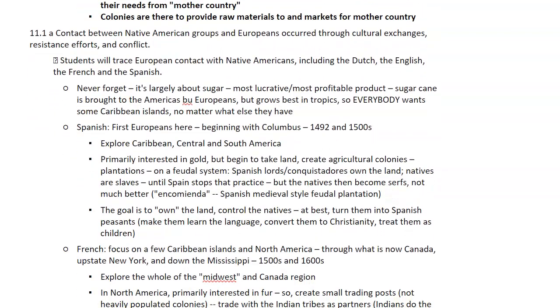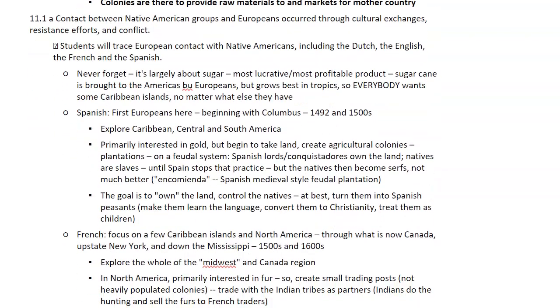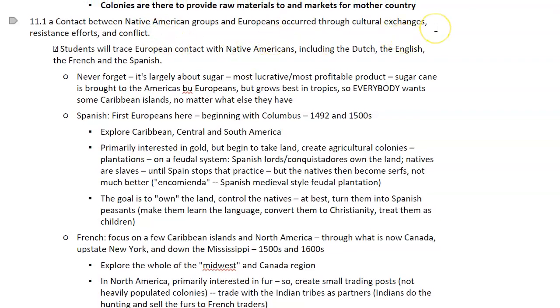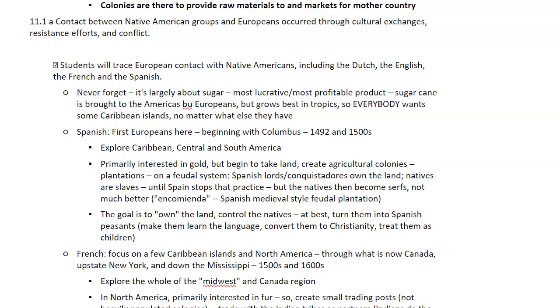Okay, next item here. Contact between Native American groups and Europeans occurred through cultural exchanges, resistance efforts, and conflict. I'm going to note here, BAMO. Note the Columbian Exchange.